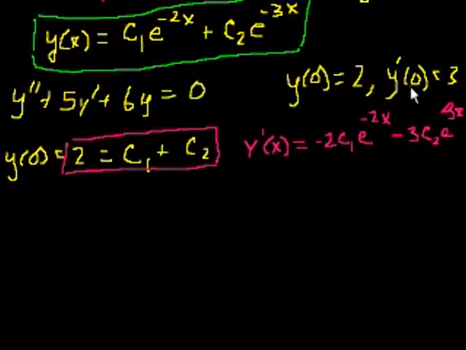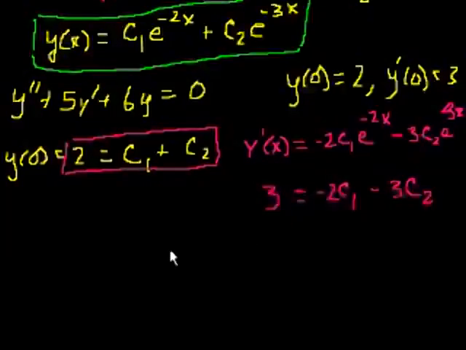Now we can use our initial condition. When x is equal to 0, the right-hand side is -2 times c1, and e to the 0 is just 1, then -3 c2, and e to the -3 times 0 is also just 1. And that whole derivative equals 3, right? y prime of 0 is equal to 3.